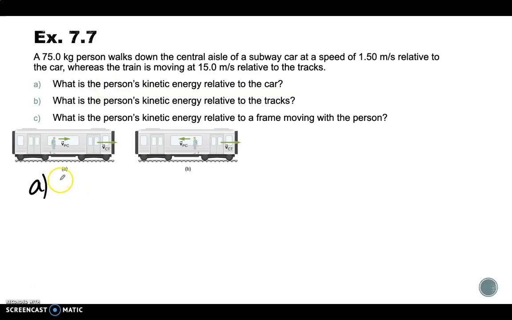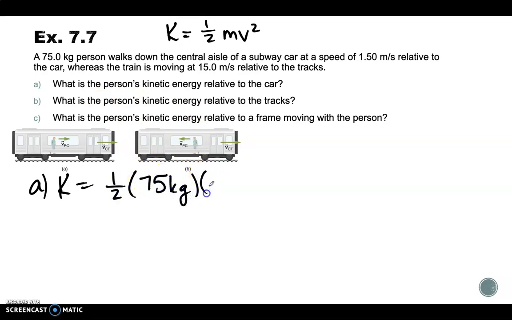Okay, so remember that kinetic energy, I'm going to write it up here, is equal to 1/2 mv squared. So our kinetic energy here will be 1/2 times the mass of the person, which is 75 kilograms, times our velocity of the person relative to the car.